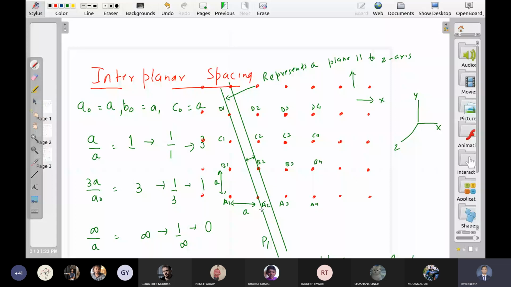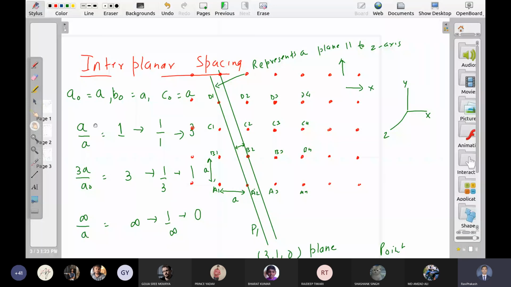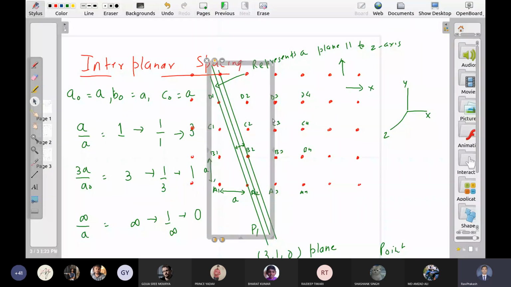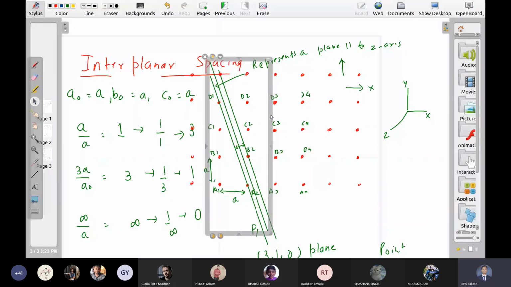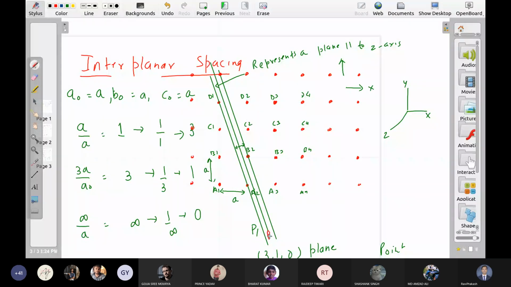Or I can say it in this way also. Let me draw one more plane. Plane P3. P3 means this. This is P2. P3 will not pass through any of the points in the lattice.